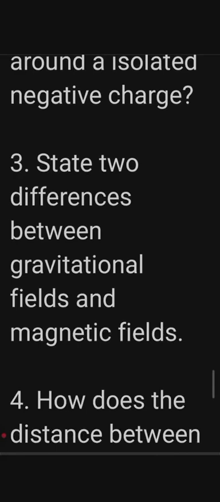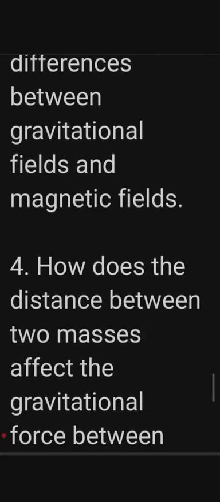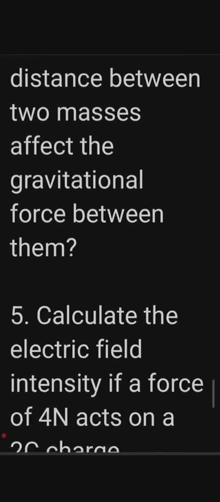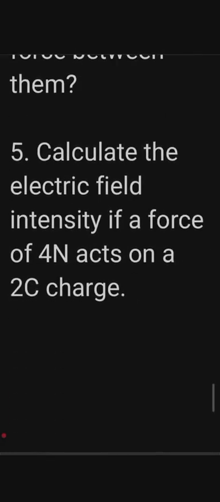State two differences between gravitational fields and magnetic fields. How does the distance between two masses affect the gravitational force between them? Calculate the electric field intensity if a force of 4 Newton acts on a 2-coulomb charge.